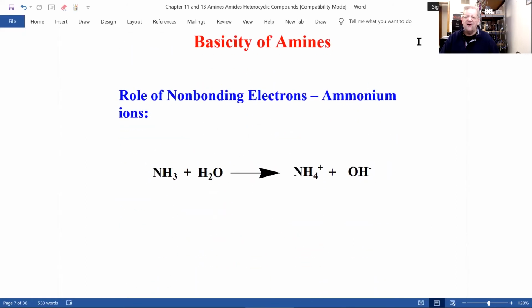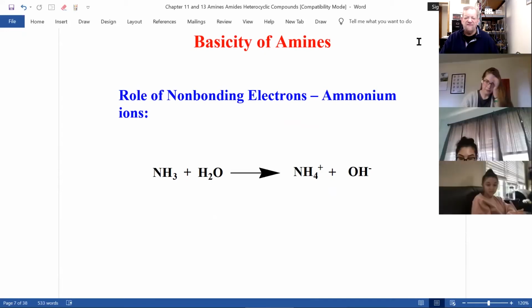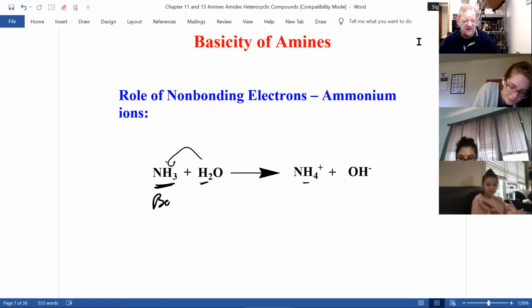Now, let's talk about nitrogen. The following won't be on a test, but I just want to remind you, ammonia is a very strong base. What is a base? A proton acceptor. So if you put ammonia in water, you get one of the hydrogen ions, H plus, transfer over because this is a base and it accepts a proton.